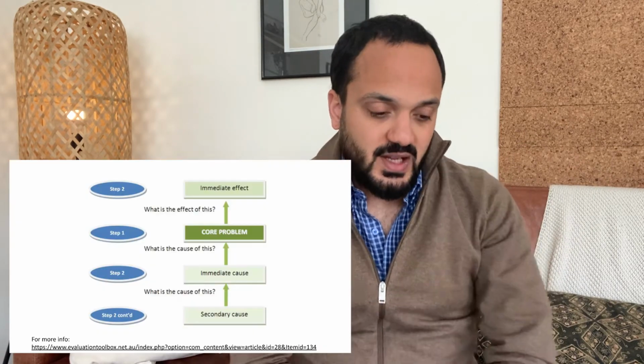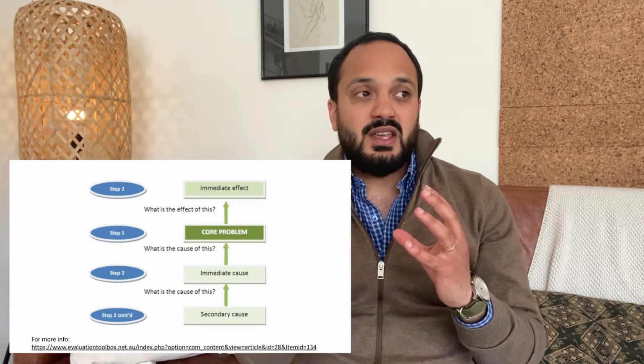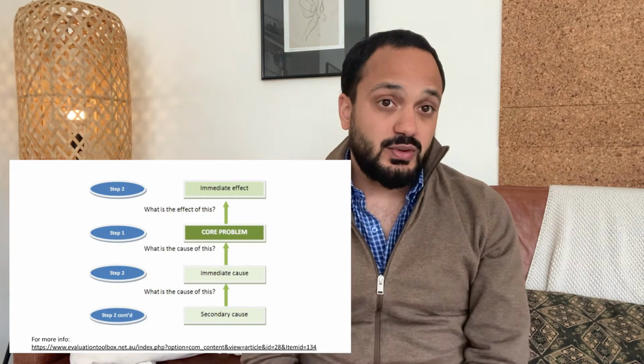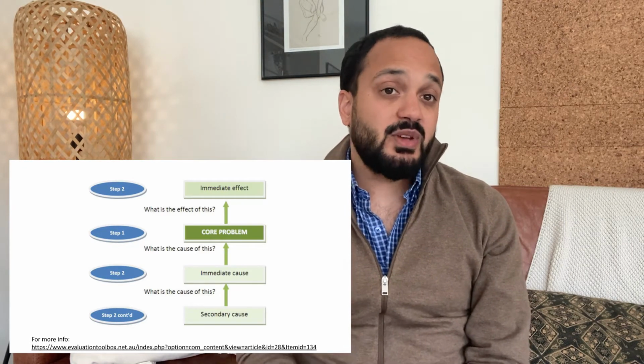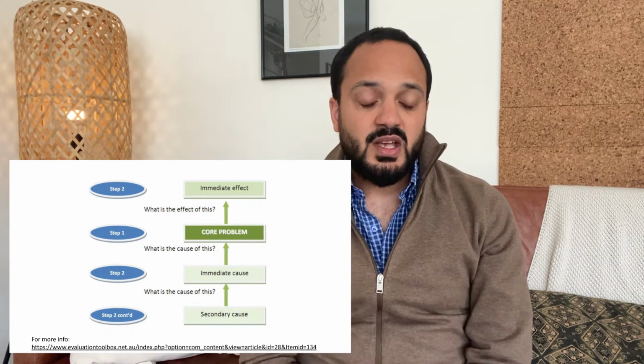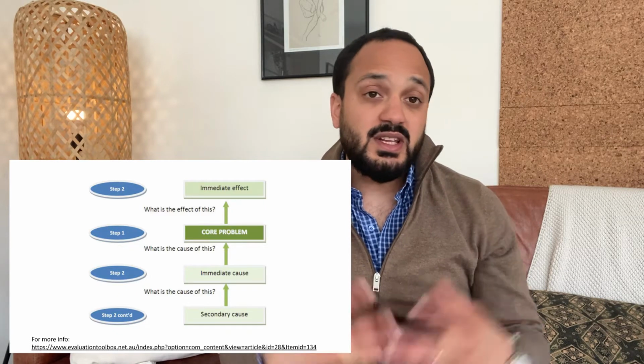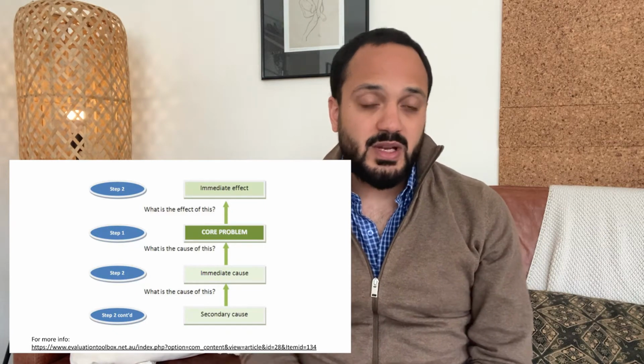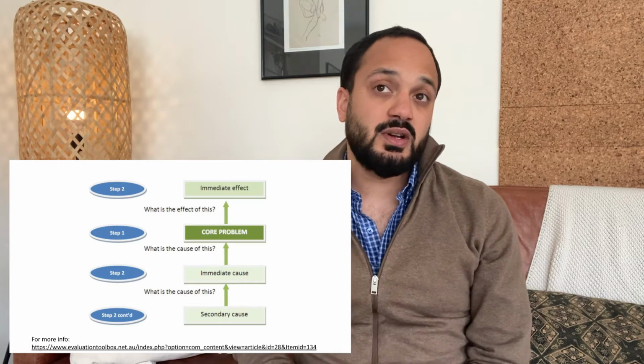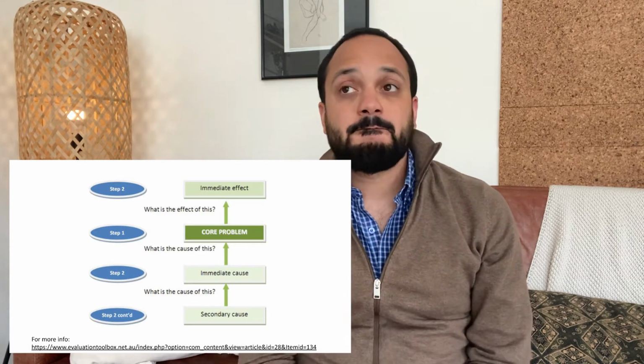Now, in order to create that structure and that focus, we're going to create an issue tree. An issue tree is, in essence, a very simple tool, but in its delivery, it can be very complex. An issue tree has 3 layers. It has the core problem in the middle, so the challenge of the beneficiary.